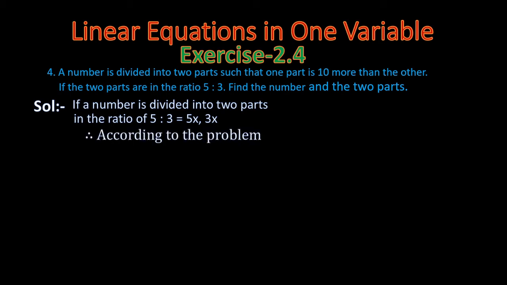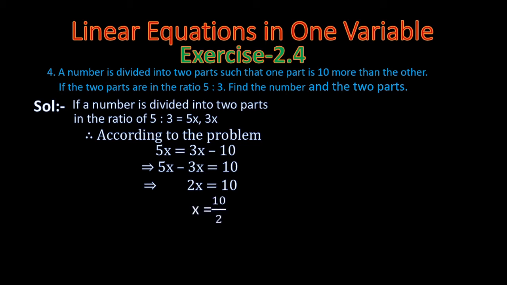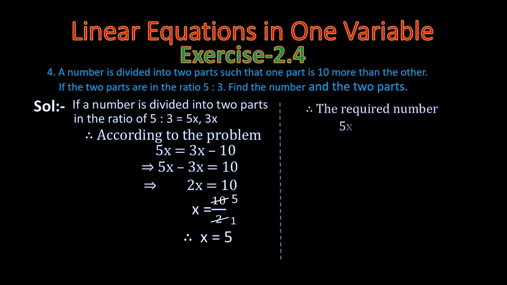According to the problem, 5x is equal to 3x minus 10, implies 5x minus 3x is equal to 10. 2x is equal to 10. x is equal to 5.